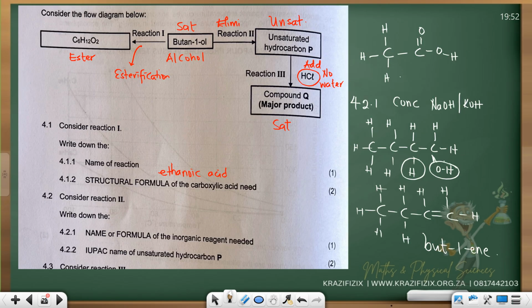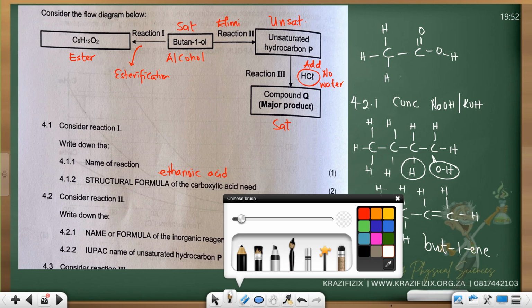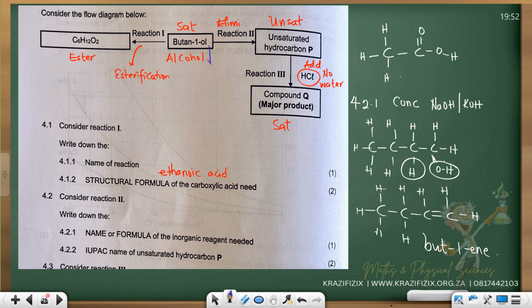How do we convert a primary to a secondary? I don't know if you noticed this. So we started from a primary when we eliminated and added again.